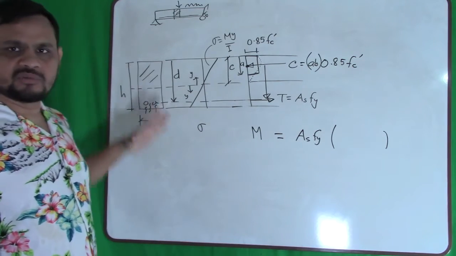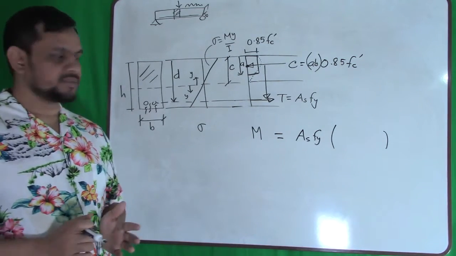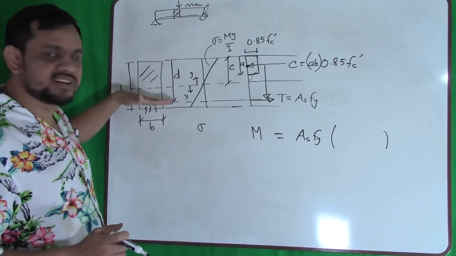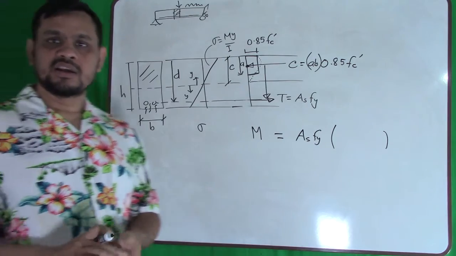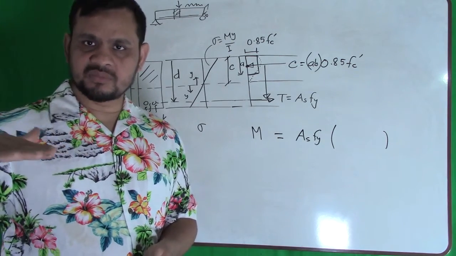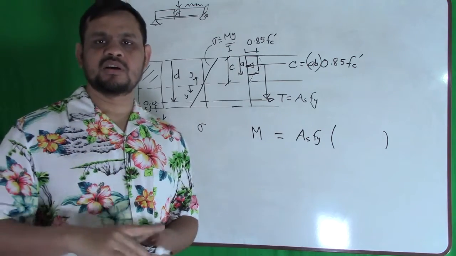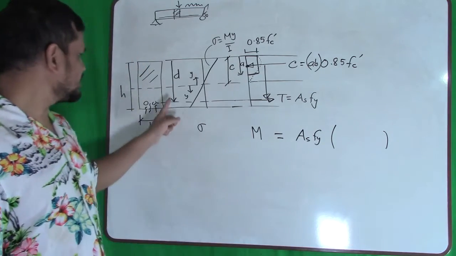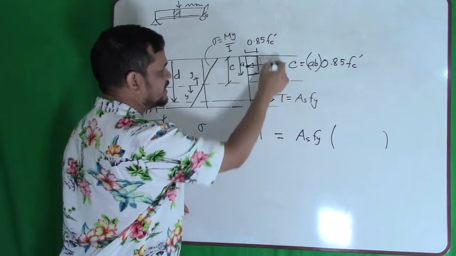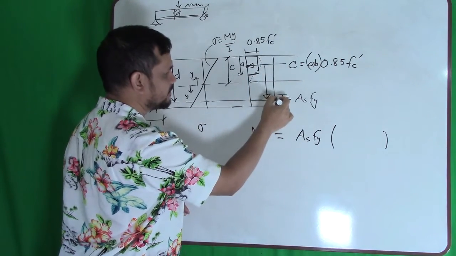The entire depth of the beam section is called h. The depth from the compression face to the centroid of the reinforcement is called d. So this is d. Here to here is d.